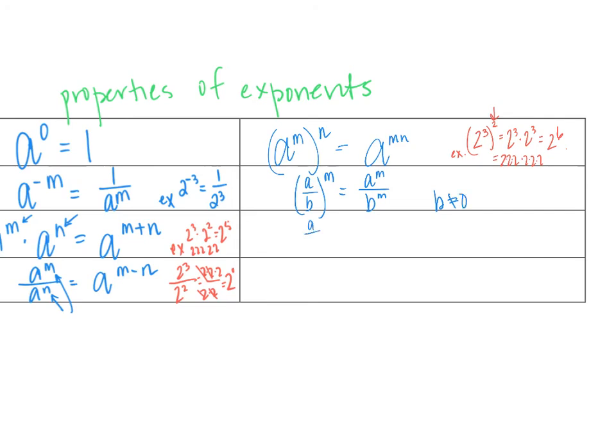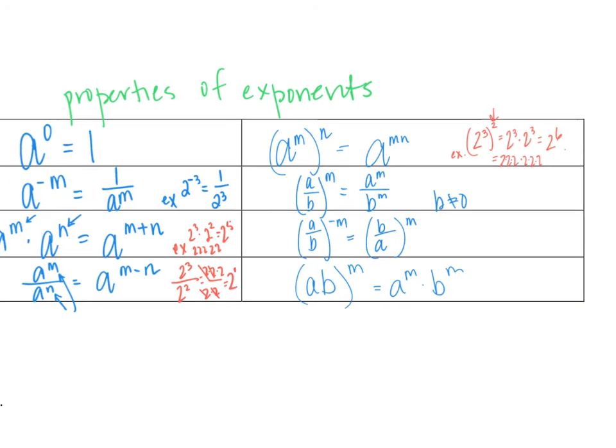Then if we have a over b, like a whole fraction to that negative exponent, it's going to be the reciprocal of that guy, and it will have a positive power now because of the meaning of that negative exponent. And I guess we already have seen this one too. This one isn't a fraction, but it says if you have a product to a power, it's going to be each guy to a power, which should make sense also using the commutative property.